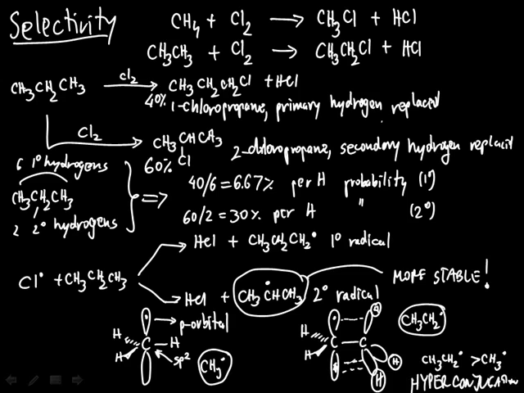So this is a stabilization of an empty or half-full radical orbital through interaction with filled orbitals, because these orbitals already have electrons within CH bonds in its neighborhood.